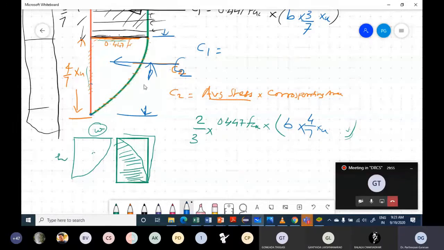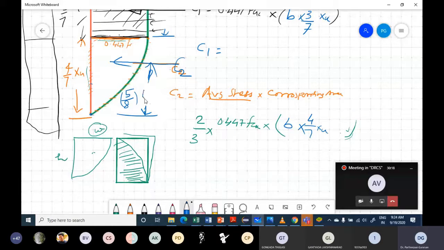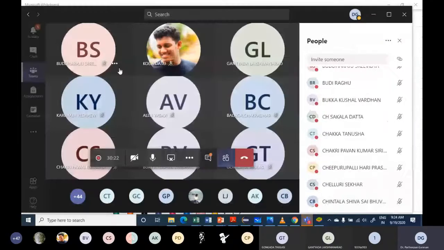I am asking at what height it will act. Don't say it is 2/3 because it is not a triangle. You studied this in applied mechanics in semester, and I myself taught it in your SM1 in the deflection unit. It is 5 by 8 of this height. 5 by 8 of the height, which is 4 by 7 XU. Okay, so that's what I mentioned here.